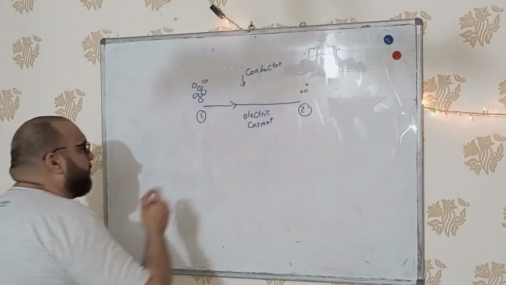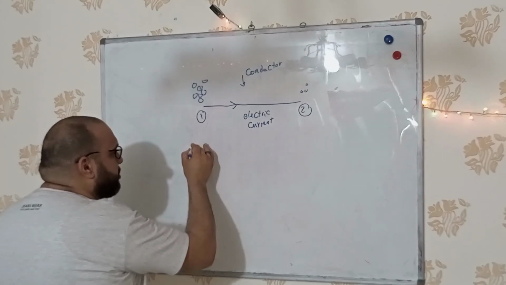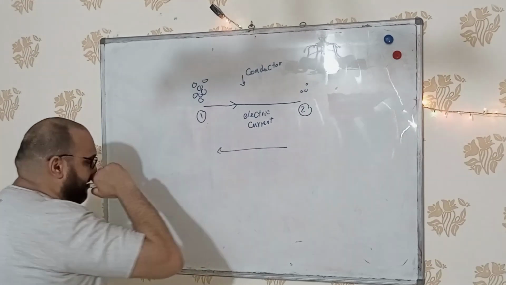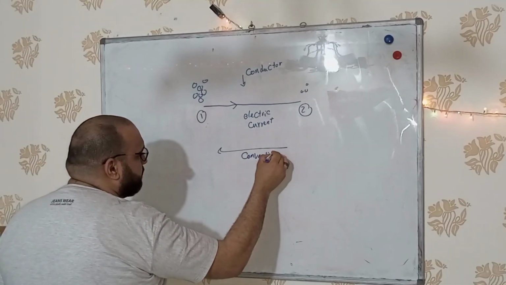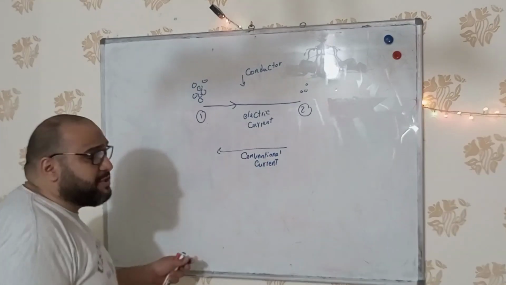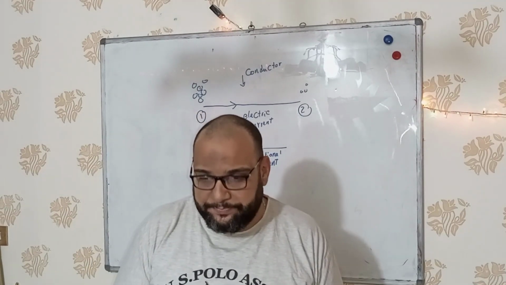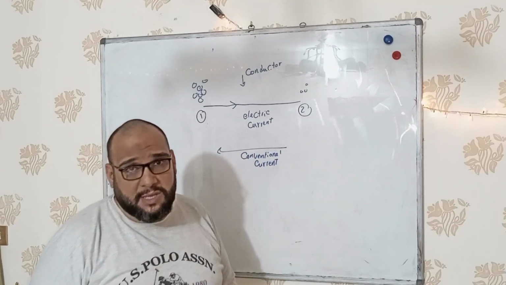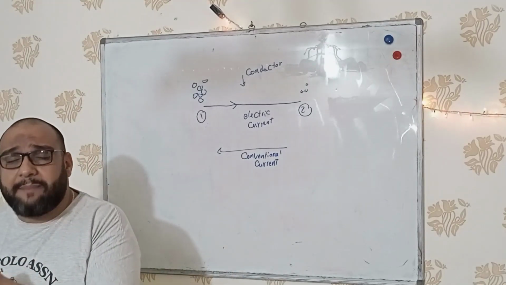As the electrons move from this side to another one, they are going to leave positive charge. So the conventional current is going to be in this direction, opposite to the real electric current. The conventional current is the movement of positive charge. Positive charges are the places left by the electrons. When an atom loses one electron, it turns into a positive ion.